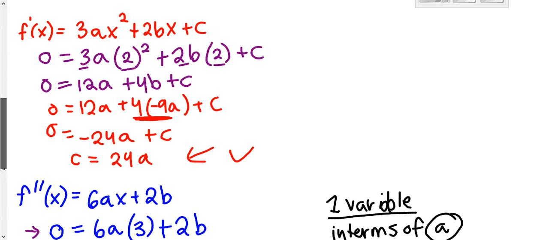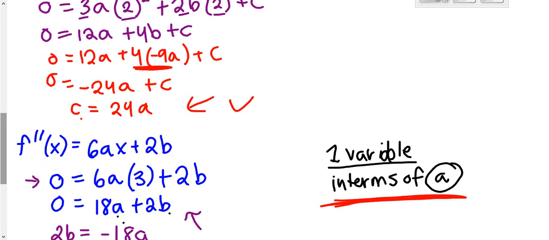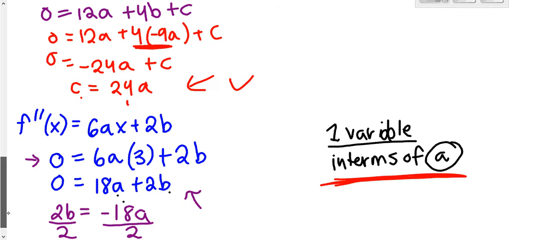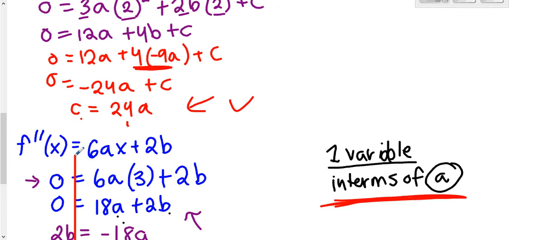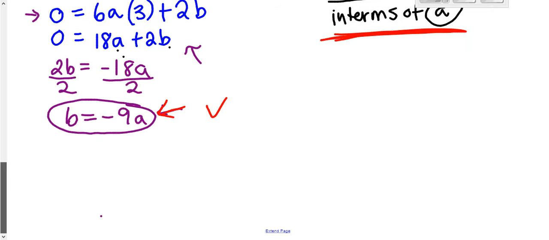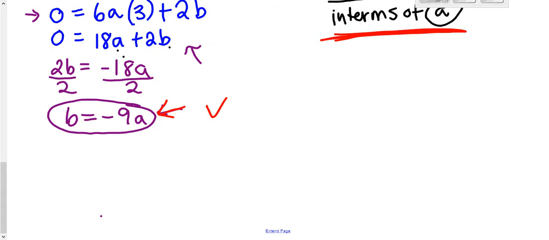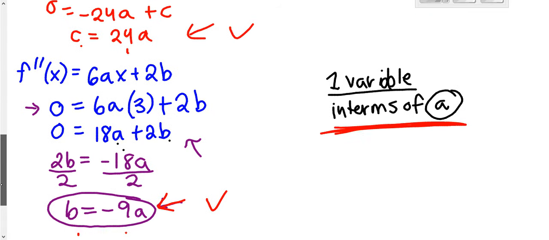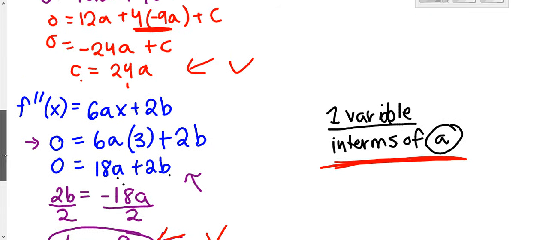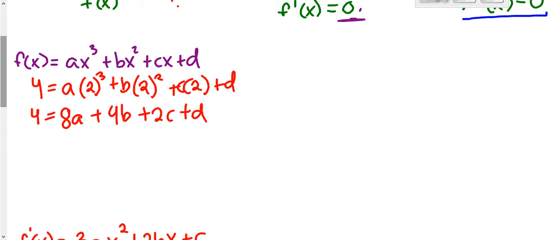Okay, so let's go get those things that we found. We know that c is 24a, and we know that b is negative 9a. So let's plug those in.